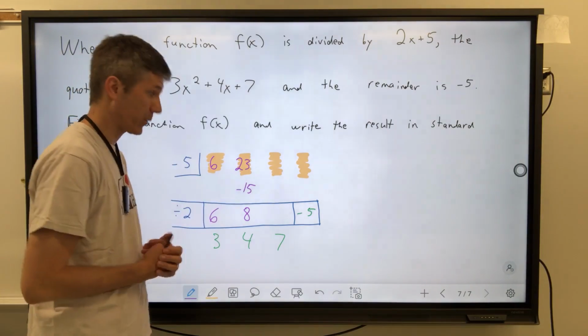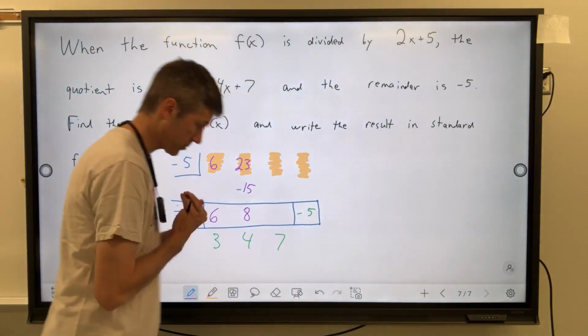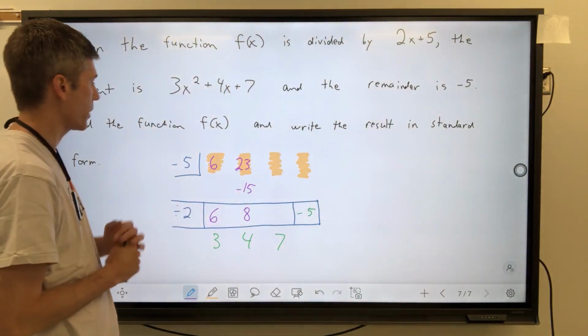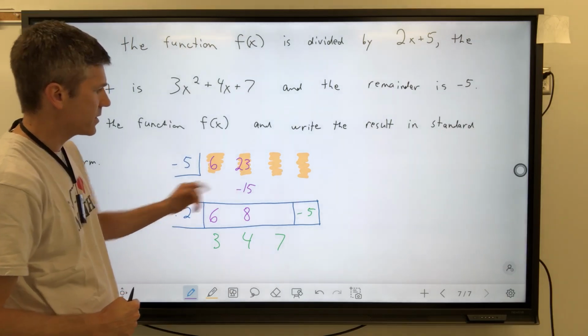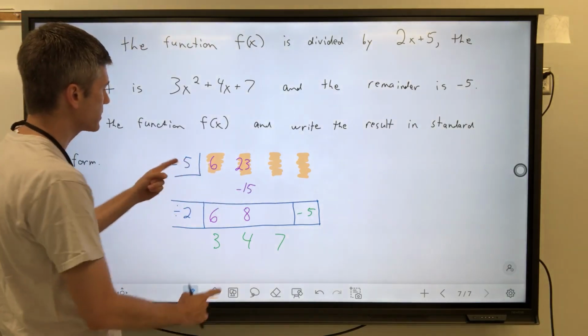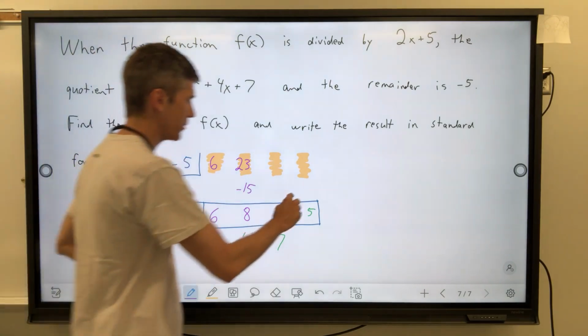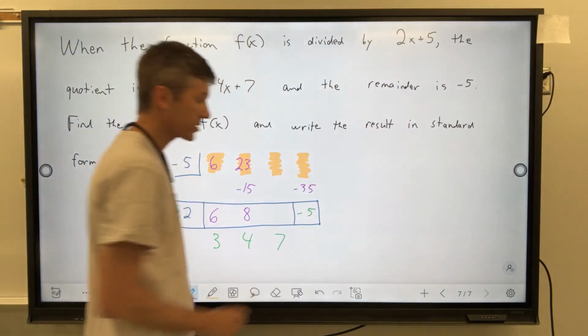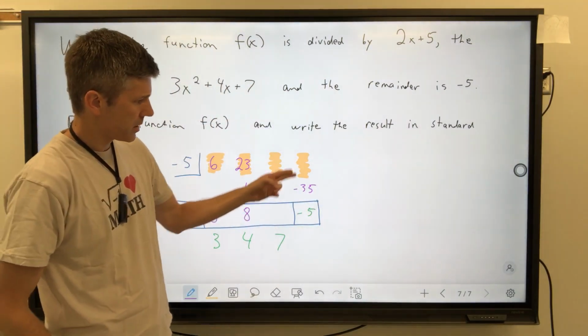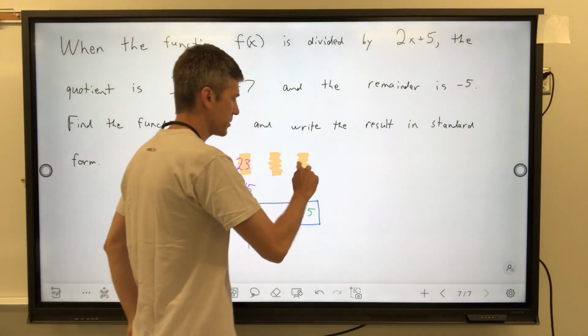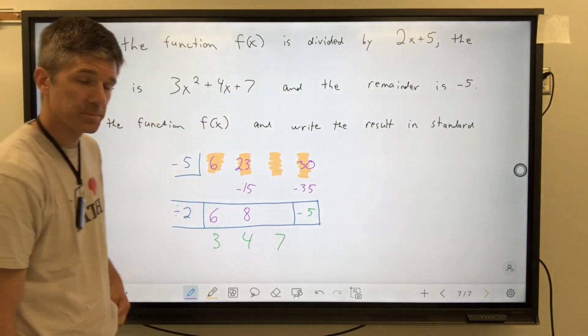I'm actually going to go backwards with this, and let's move back from this side, because you could do it that way as well. This number right here is negative 5 times 7, so that would be negative 35. Same idea. Something minus 35 gives me negative 5, and that must be 30.